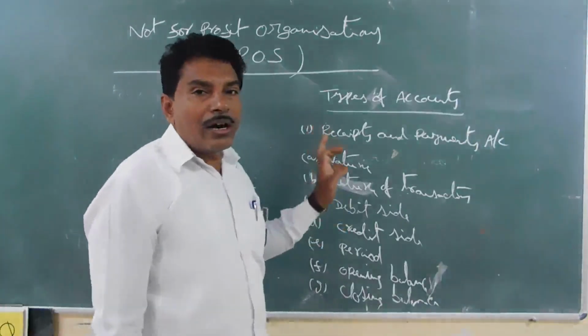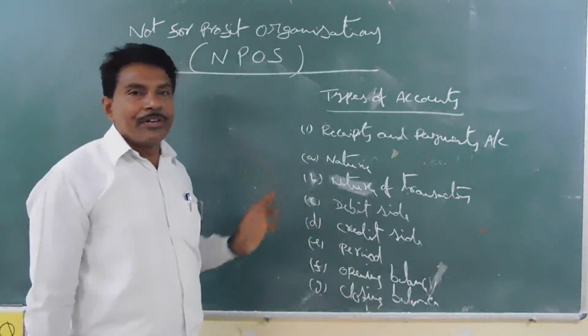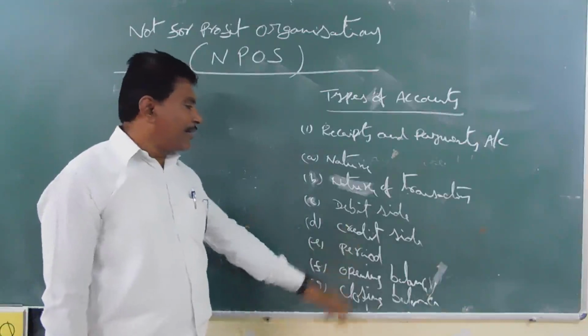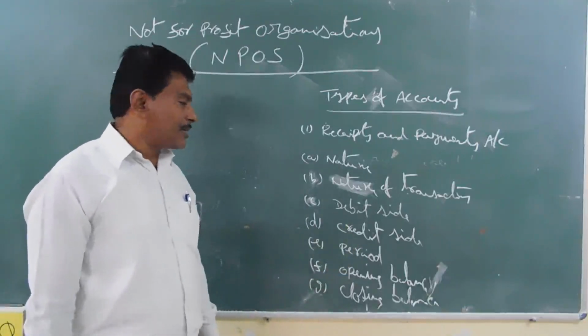Debit side: all receipts, both capital and revenue, are shown on the debit side. On the other hand, on the credit side, both capital and revenue payments are shown.